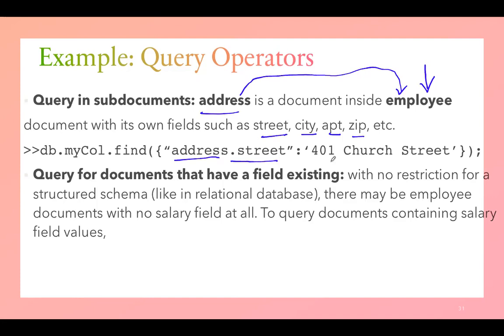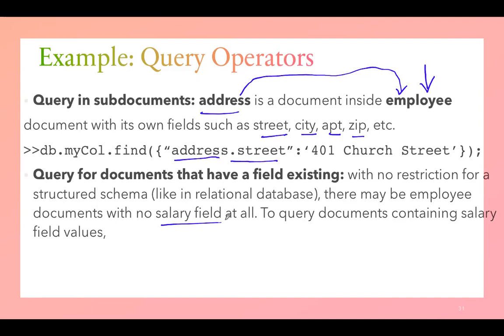So at TSU, let's say we have a database with 100 documents representing 100 people, corresponding to all 100 people. Now, not all 100 people will have this salary field. Those who are staff, those who are faculty, and those students who are getting paid, they will have the salary field. And some students who are not employed on campus, they will not have the salary field.